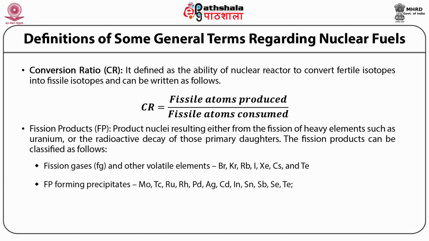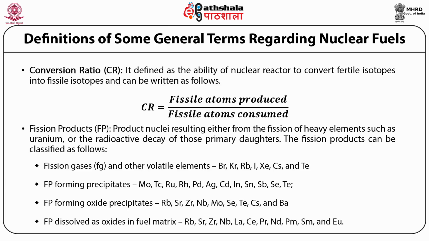Next is FP forming precipitates like molybdenum, Tc, ruthenium, Rh, palladium, silver, cadmium, indium, tin, antimony, selenium, tellurium. Next is FP forming oxide precipitates: Rb, strontium, zirconium, niobium, molybdenum, antimony, tellurium, cesium, and barium.